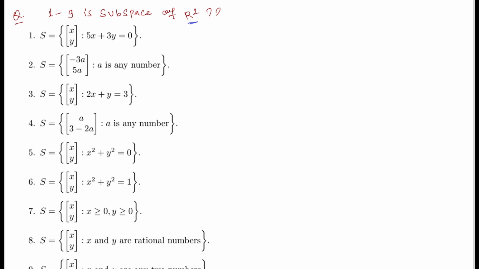There are three conditions that need to be satisfied to be a subspace of a vector space. The first is that the zero vector should be in the set. The second is that if you pick any two vectors from this set S and add them, the resulting vector should also be within this set. It should not fall out of this set. This is the second condition.